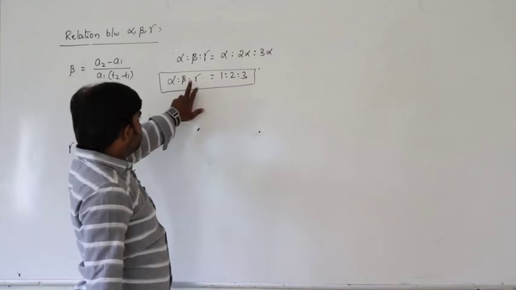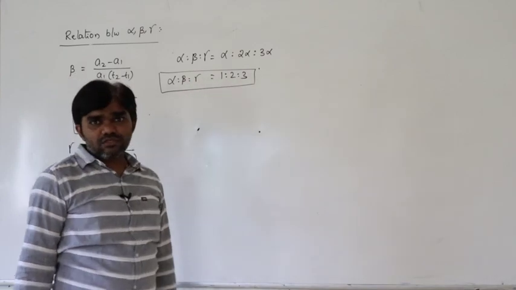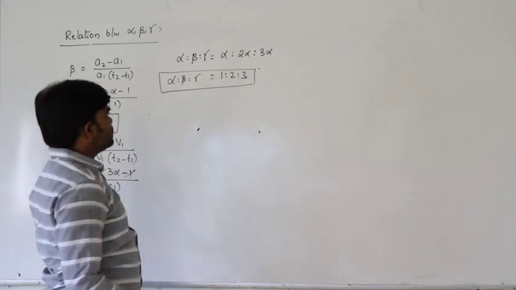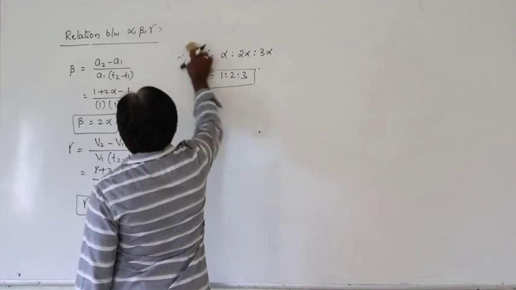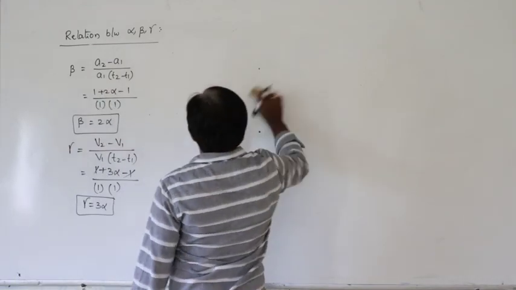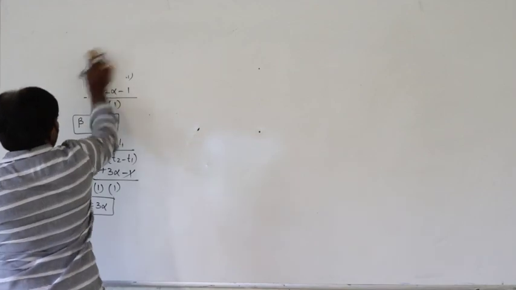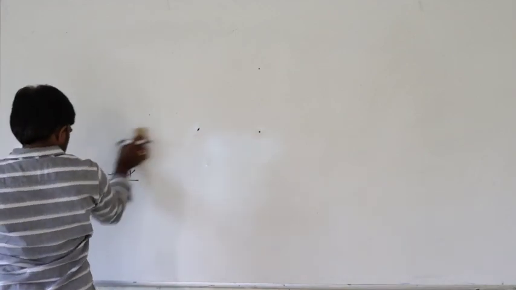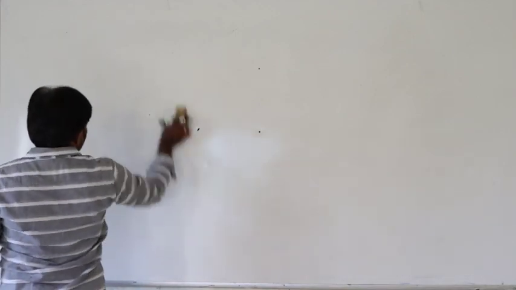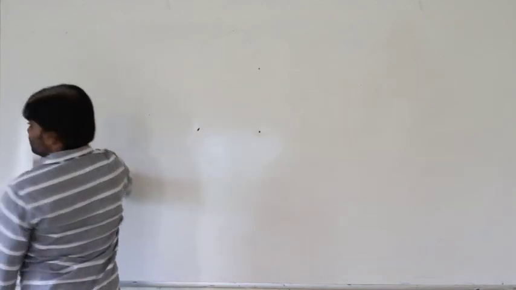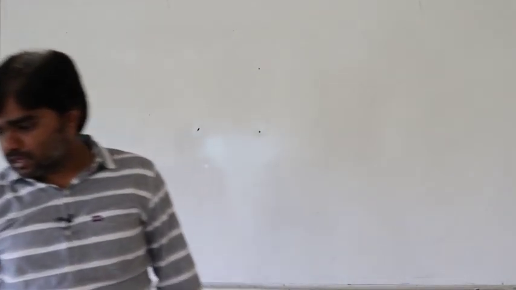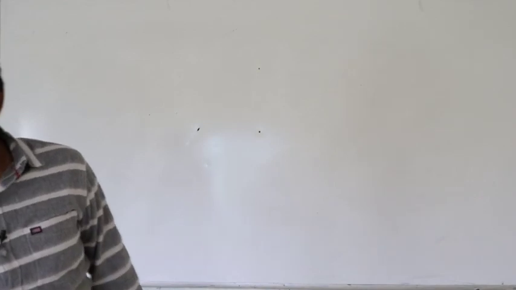So alpha is to beta is to gamma is equal to 1 is to 2 is to 3. Here there is no need to derive this anywhere, remember that. Next, let us do some problems based on this from your material.